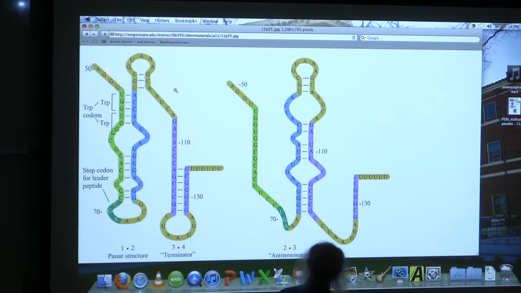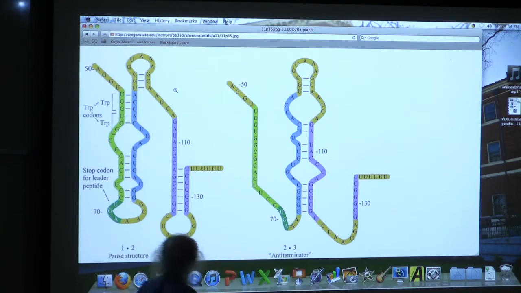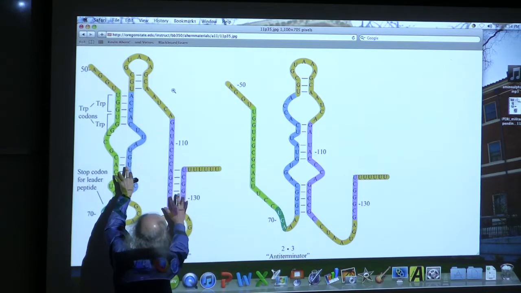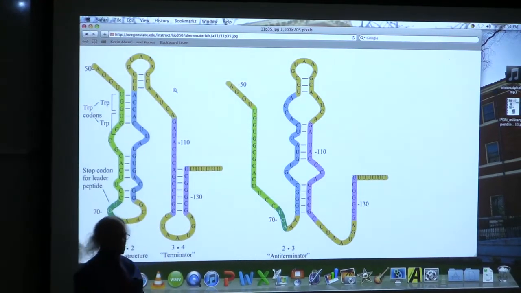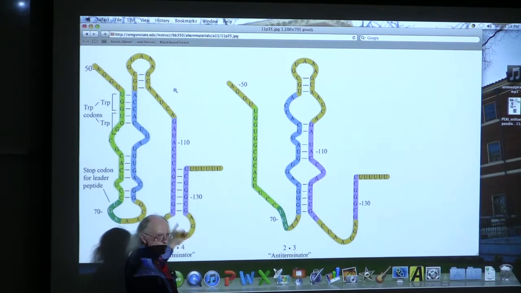If the ribosome is moving fast, the ribosome goes shooting through here. It makes it through these tryptophans, no problem. There's plenty of tryptophan. It puts those into a polypeptide and gets all the way over here. When there's plenty of tryptophan, the ribosome is sitting right over here, and these two sequences compare, and these two sequences compare. When it's fast, a terminator forms.